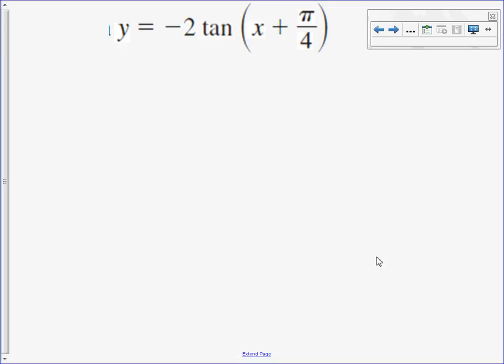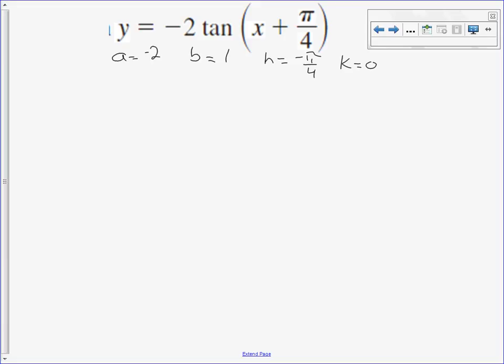Yep, label them. Stay in the habit of labeling out all your stuff right away. A is -2. What is B? 1. Good. What's H? Negative pi over 4. Very good. And K? 0, because it's not there. So is H always absolutely? Yep. Always.